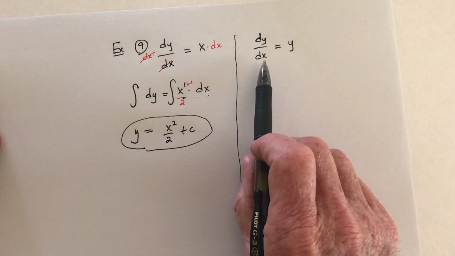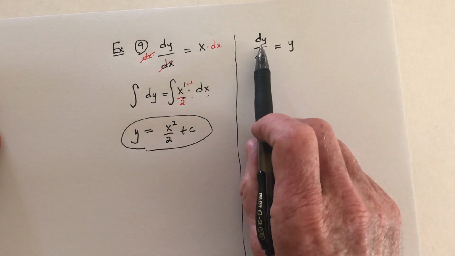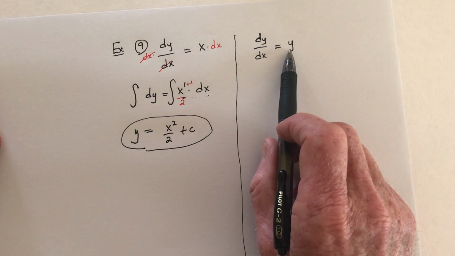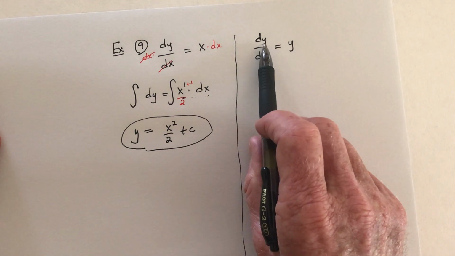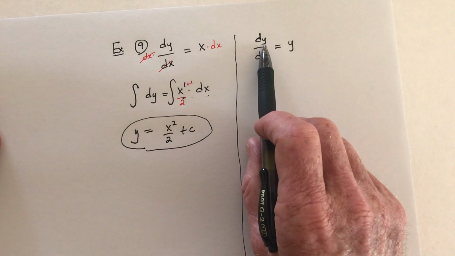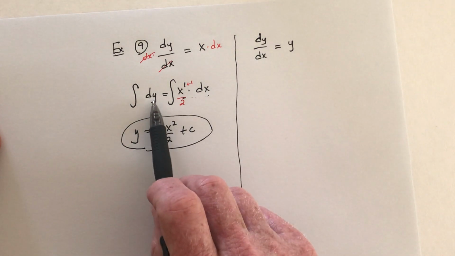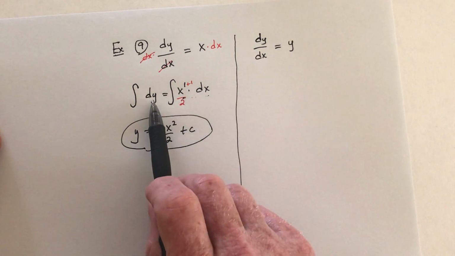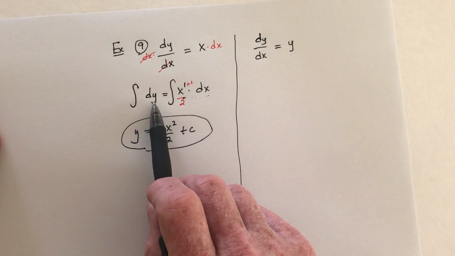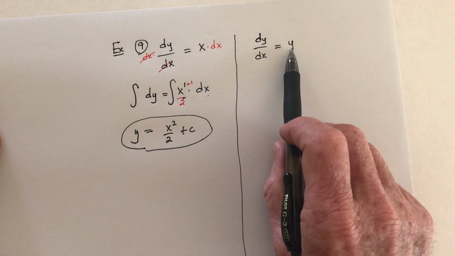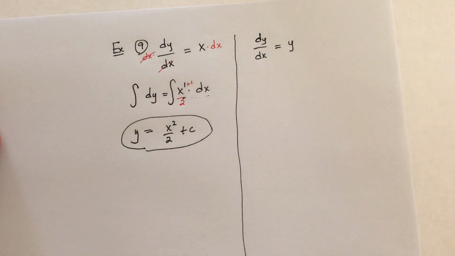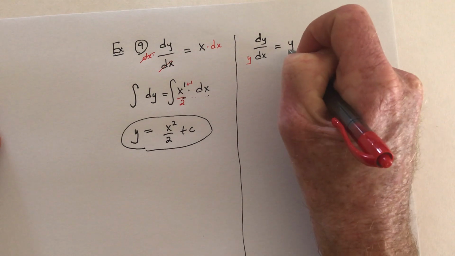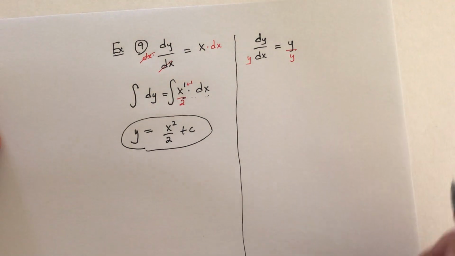Now compare that with this one. This one has some y information on the left side and some on the right side. Whatever the dy or the dx is, I want that on the top and separated. X is on one side, y is on the other side. So I'm going to move this y to the left by dividing, so divide by y and divide by y.